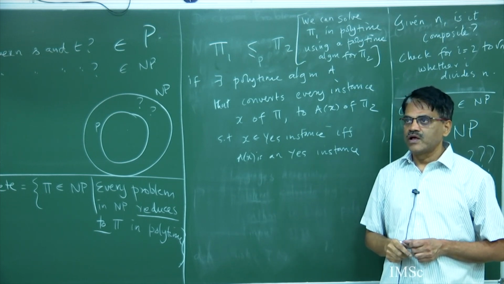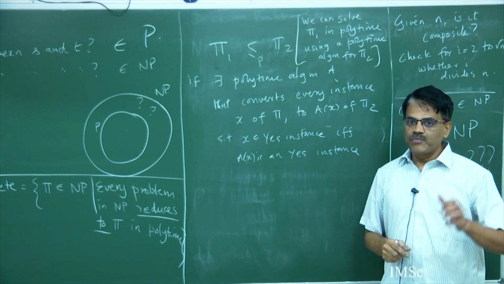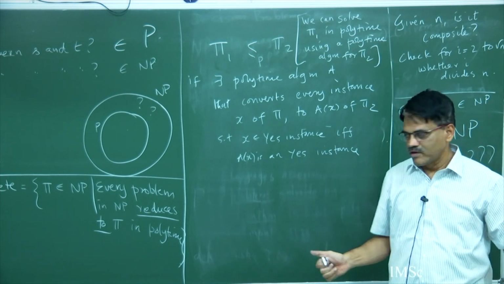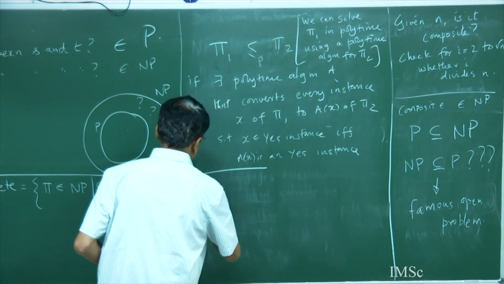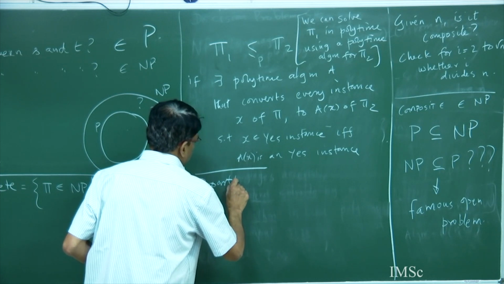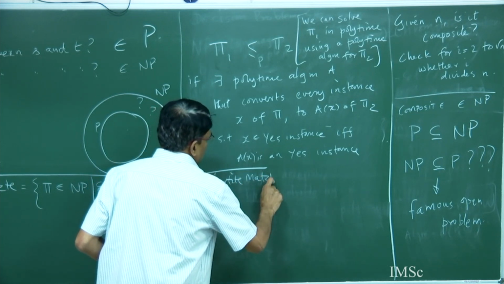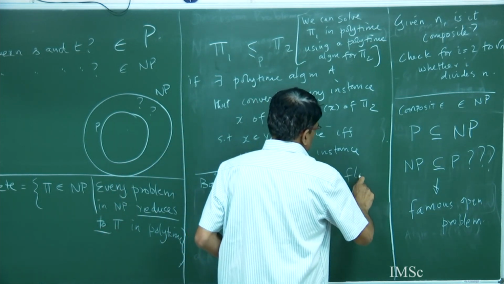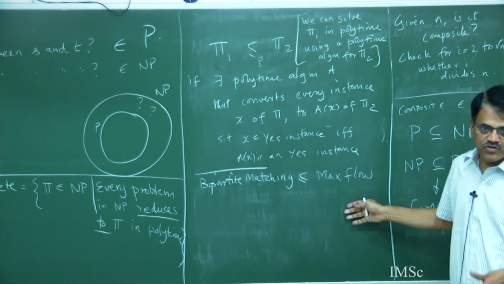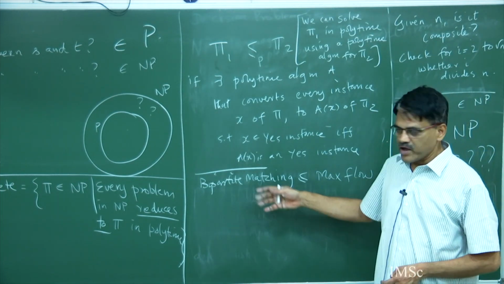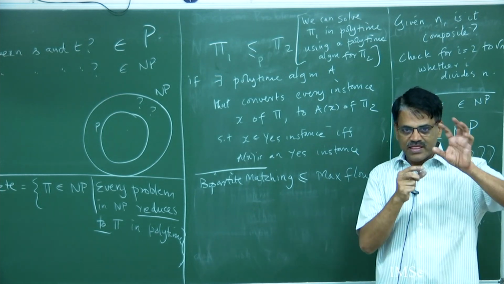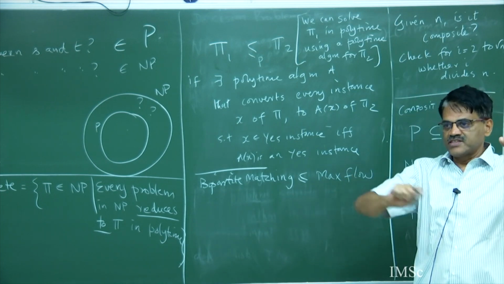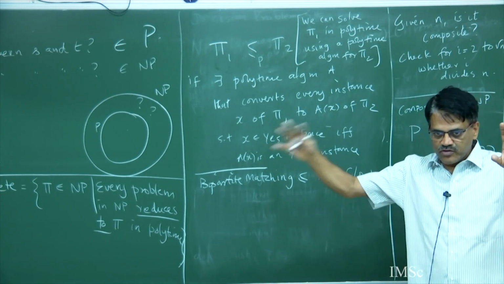For example, bipartite matching polynomial time reduces to max flow, which simply says that if you have an algorithm for max flow, I will use that to solve maximum bipartite matching, because I can take your graph problem, convert it into a flow problem by adding an S and a T and some capacities, and solve the max flow problem.